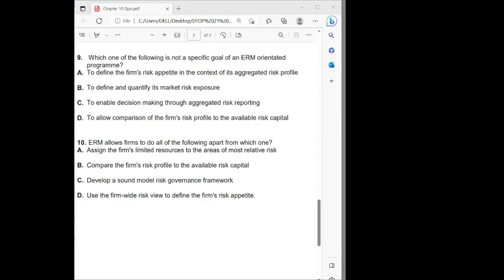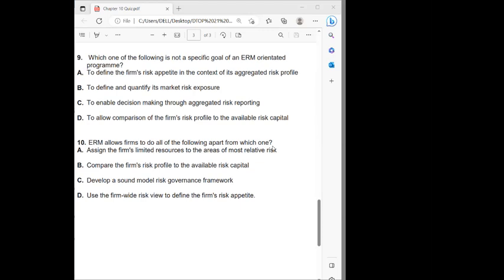So if you look at the given responses, assign the firm's resources to the areas of most relative risk. Understood. That's relevant. If you look at C, develop a sound model risk governance framework.